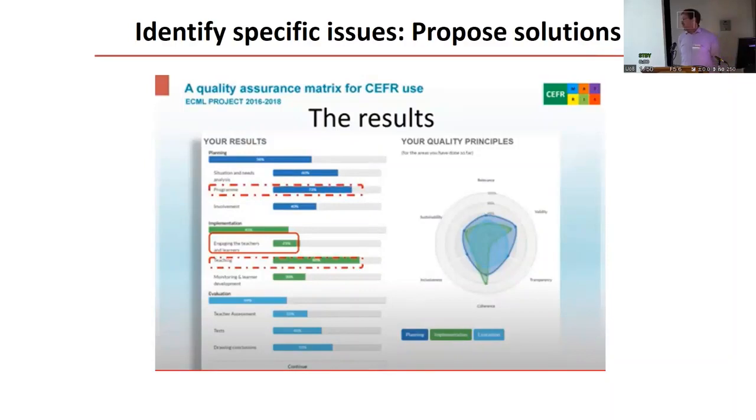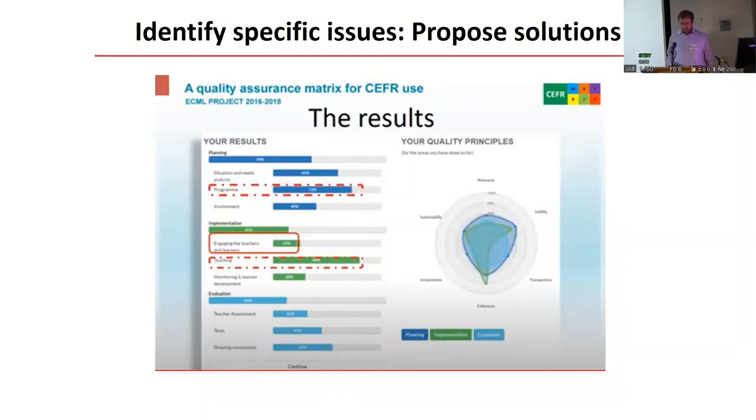I know it's hard to see, but here you have coherence, the green, they seem to be fairly good on that, but maybe sustainability or transparency, they don't seem to be that well. Then they would break those areas down into further areas that you can self-assess upon and maybe identify areas that you need to work on.